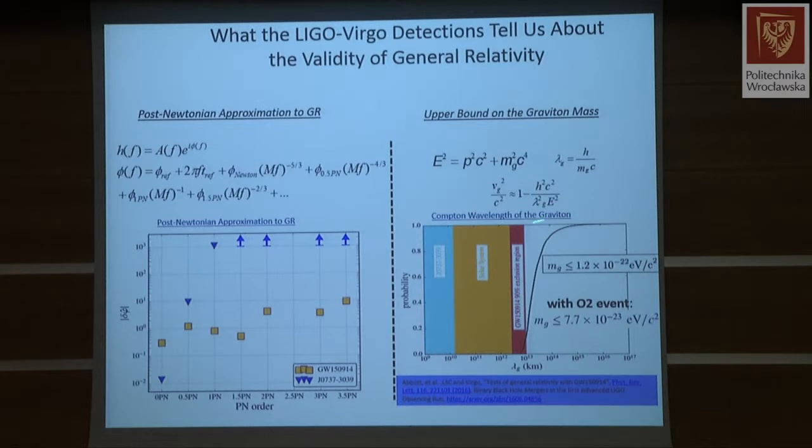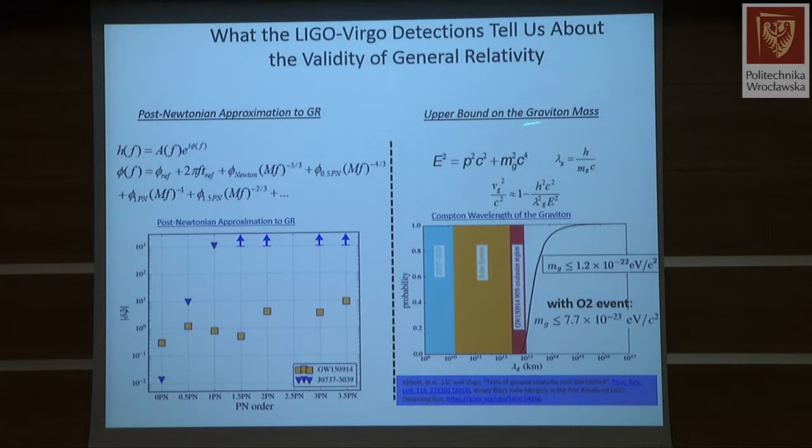Then there is another thing, the mass of the graviton. Some theories predict that the graviton has some mass. This means that we have a dispersion, which means that the velocity of gravitational waves would depend on energy, that is, on frequency.